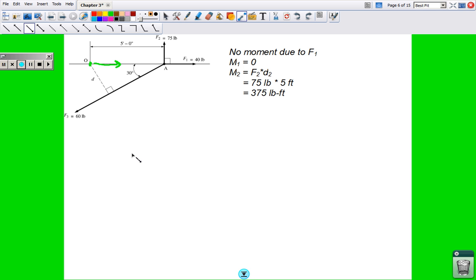If we have this force, F3, it's actually made up of two components, F3x and F3y.